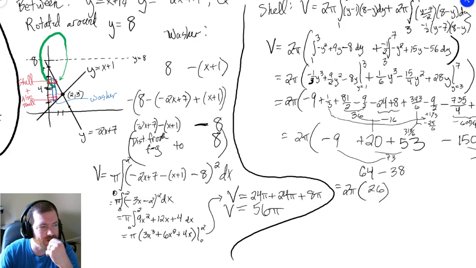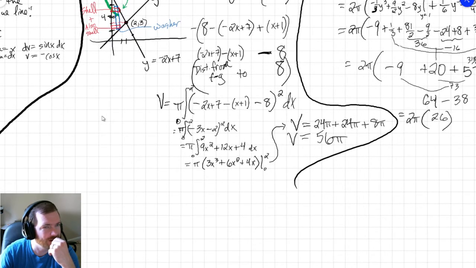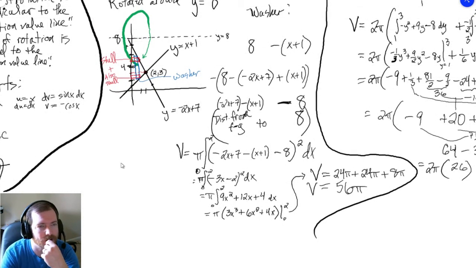It's fine. Look at the picture. 8 minus x plus 1 cuts out the bottom. And if we want to cut out this piece in between here, this is going to be subtracting the bit that is between 2x minus 7 and 8.